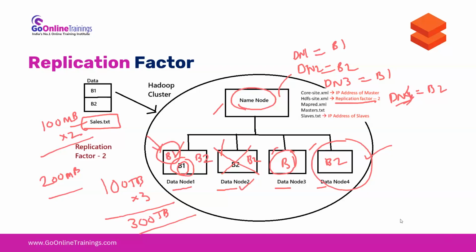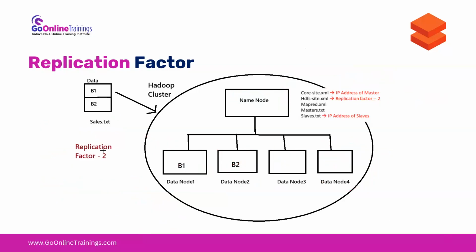Clear? And your cluster size depends upon the replication factor. It'll become doubled or tripled in Hadoop. By default, the replication factor is 3. You can make it 2, or you can make it 4. That is your choice. But by default, how many copies of the data? So block 1, block 2, it will be maintaining block 1 and block 2, right? If you make it 3, I need to have one more block, right?